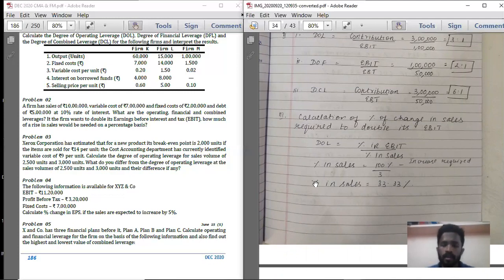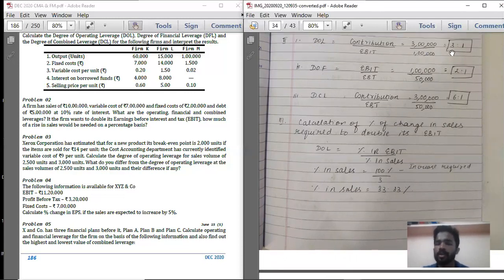Below that, degree of operating leverage, that is DOL, is equal to percentage of change in EBIT divided by percentage of change in sales. If this percentage of change in sales goes to the left hand side, it becomes the numerator, and the degree of operating leverage comes to the right hand side, it becomes the denominator. What is the degree of operating leverage? We found 3:1, that is 3.